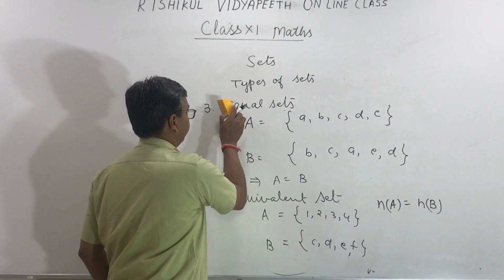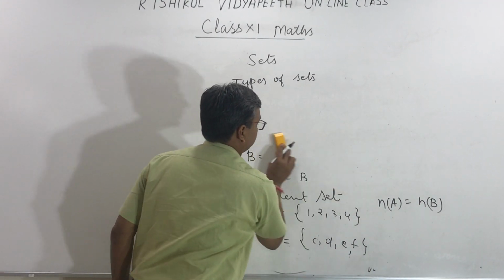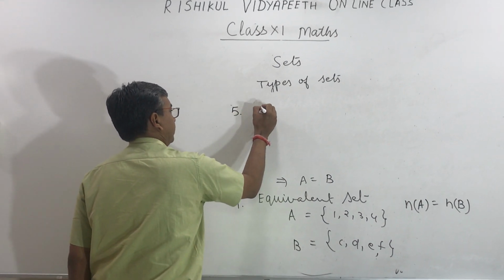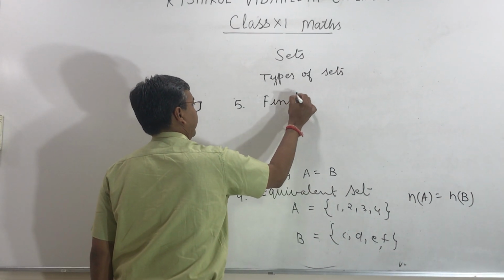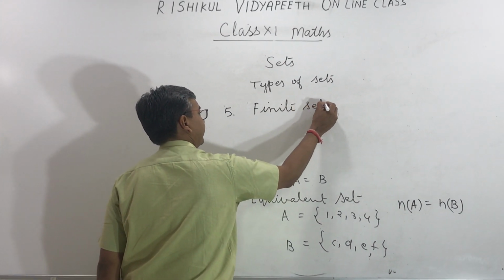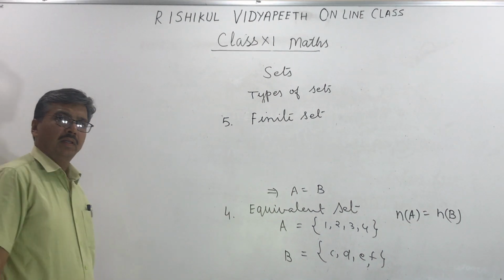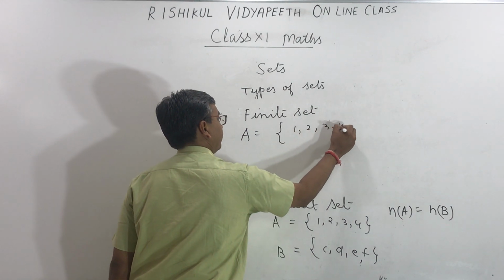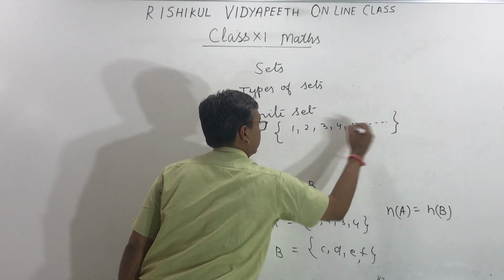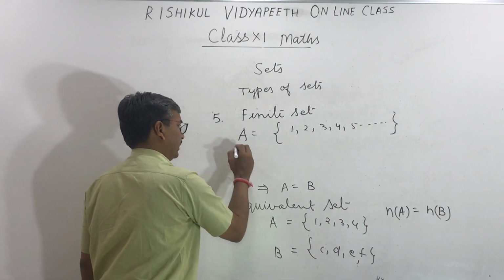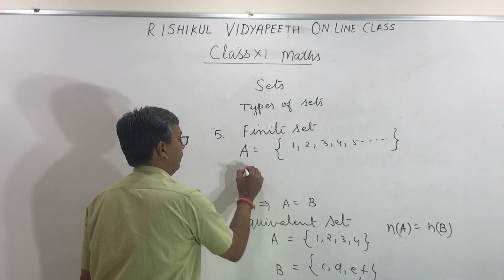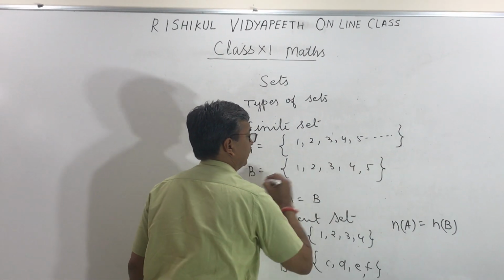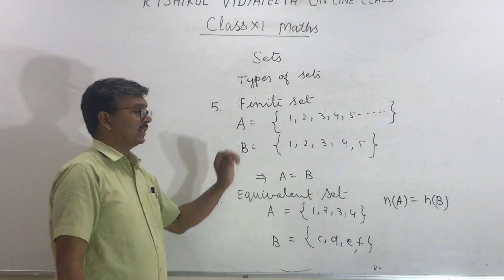Number 5. Finite sets. If I write set A as 1, 2, 3, 4, 5, and another set B as 1, 2, 3, 4, 5, what is the difference between these two sets?